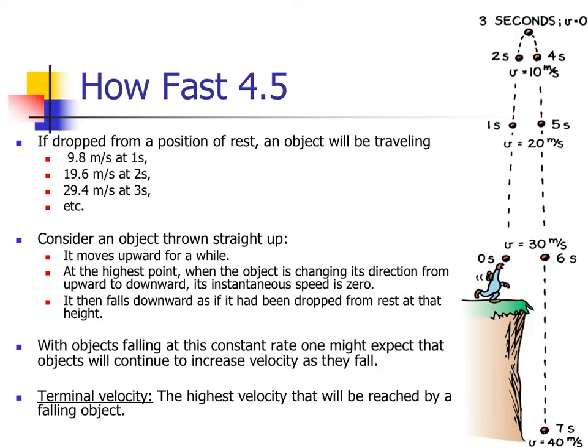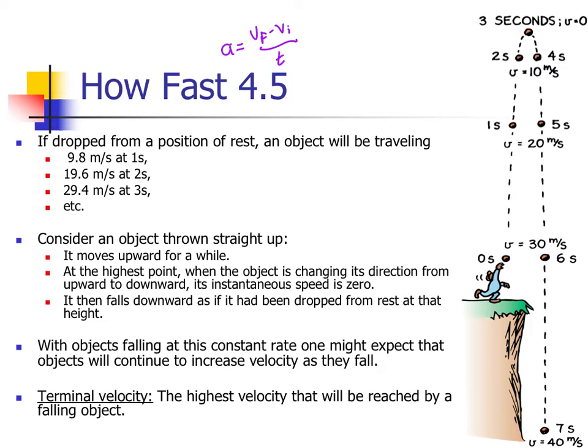Now, an object is dropped from rest. An object will be traveling at these intervals here. Now, where did they get those? Well, they got it from utilizing the acceleration equation. The acceleration equation, if we remember, is a equals v sub f minus v sub i, divided by t.